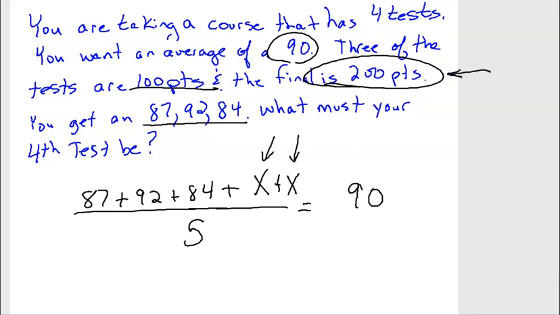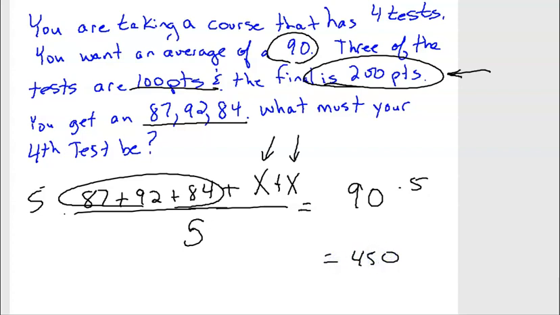So then you're just going to solve for x, add these 3 numbers up, subtract it. Actually, first thing, I'll get rid of the divide by 5. So I'm going to multiply by 5 to begin with. And that's 450. So then you have 87 plus 92 plus 84.